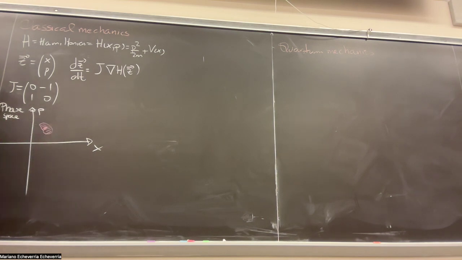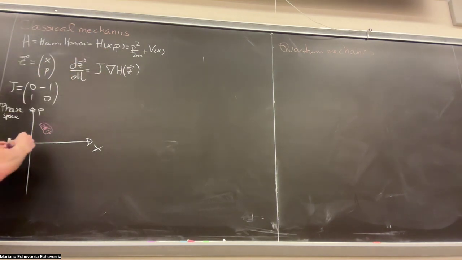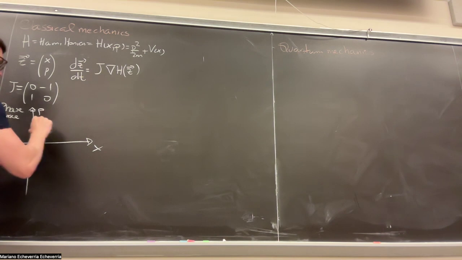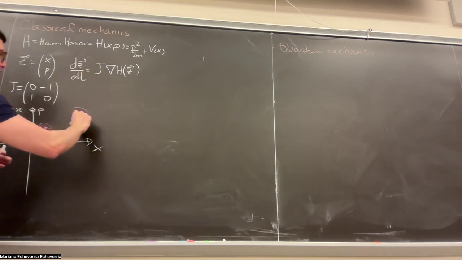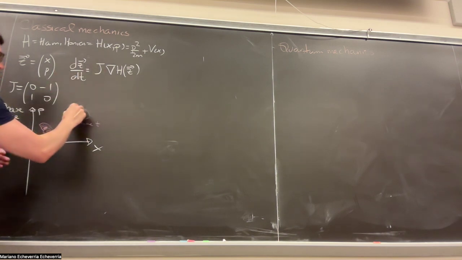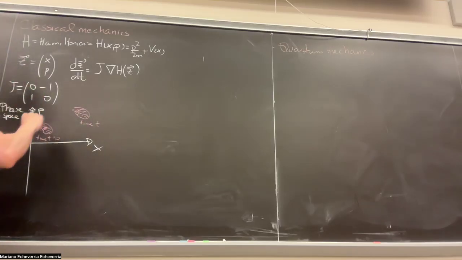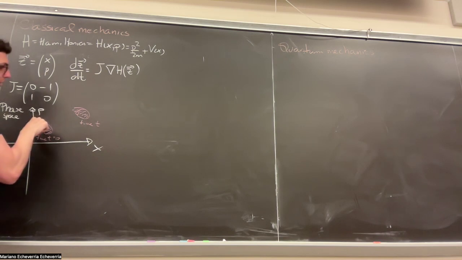Then Hamilton's equations have the property that after any amount of time, where the position and momentum is located at time 0, at time t it is going to be somewhere else. Since there was an uncertainty, if you want to think about it in those terms, about where it was located originally, then at time t it is somewhere else.